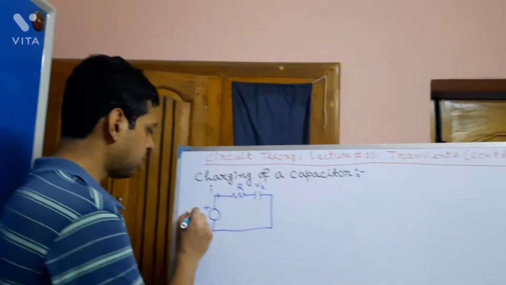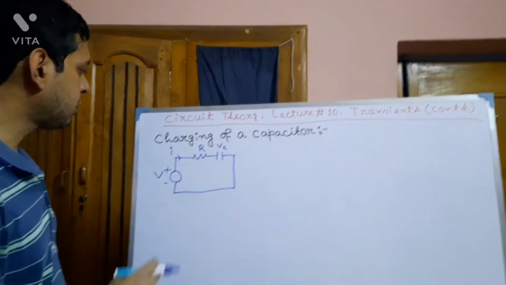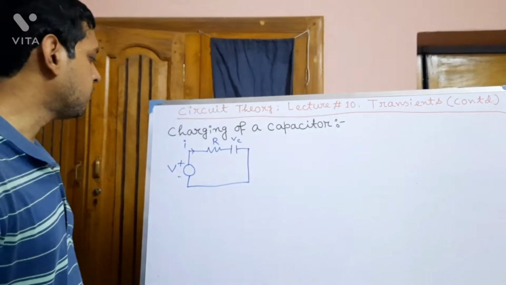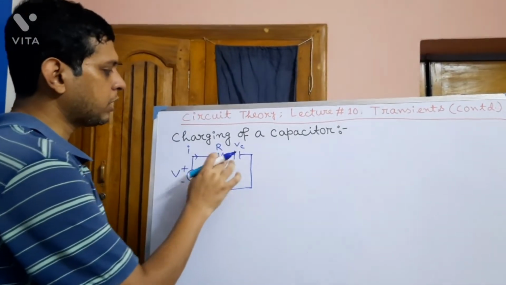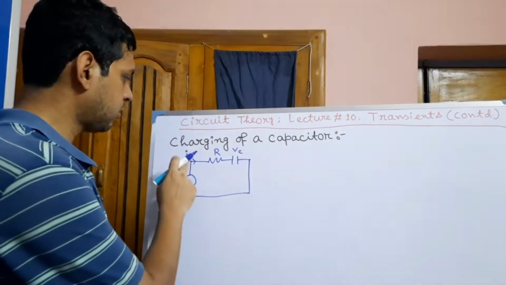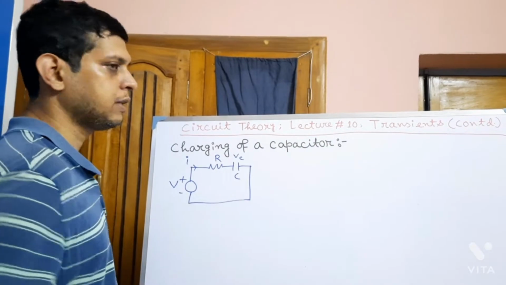Let us take the EMF of the voltage source as V, the current through the two elements as I, and the voltage across C as Vc.